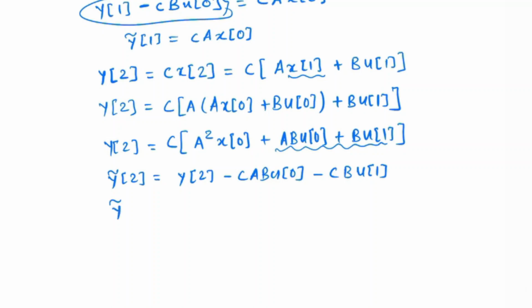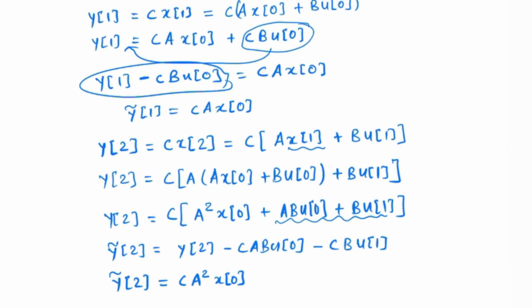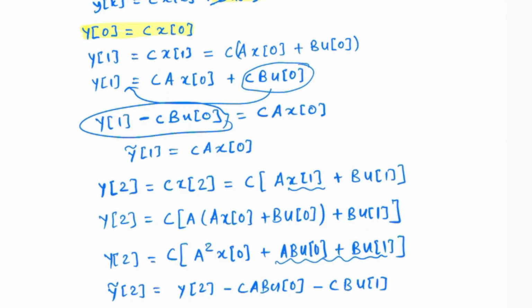So y tilde of 2 would be CA square x naught. So if we come back here and define y of 0 equal to y tilde of 0, which is C of x naught.